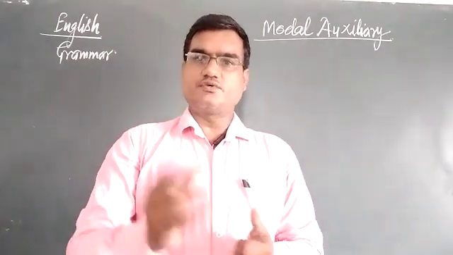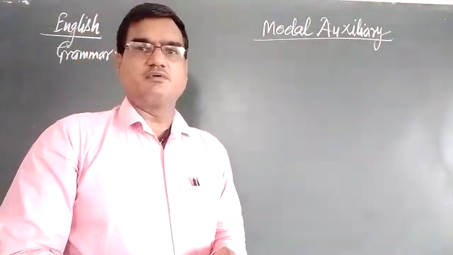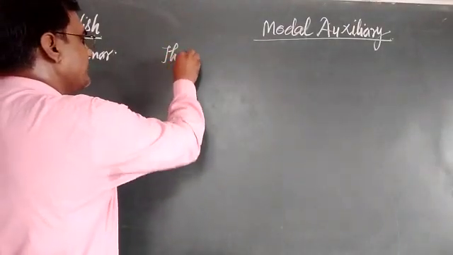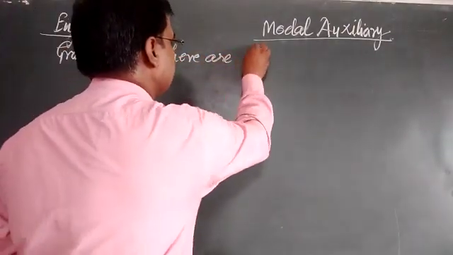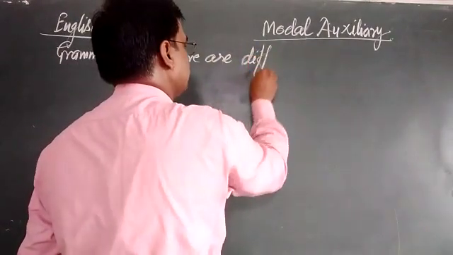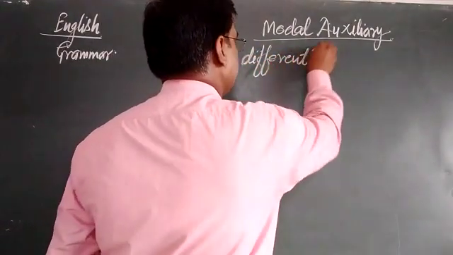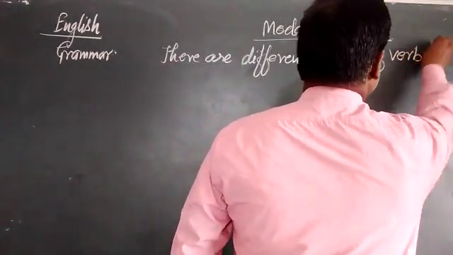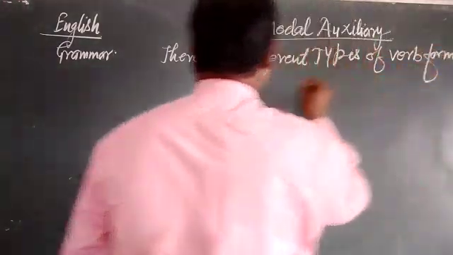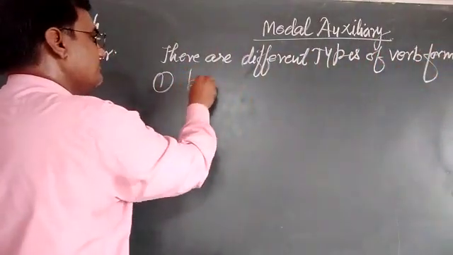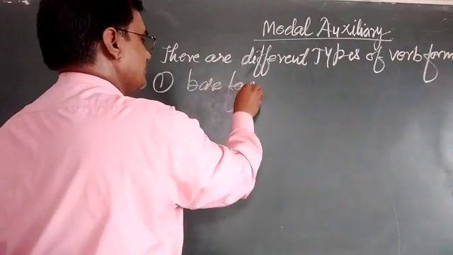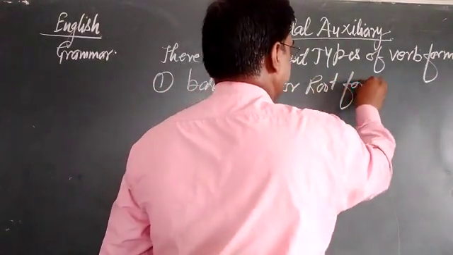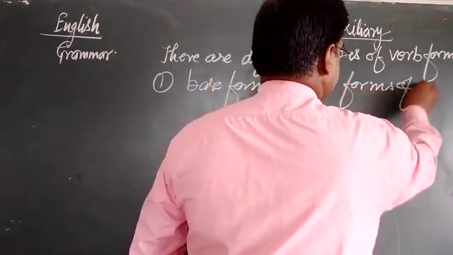So first, today I would like to clear the forms of the verb. There are different types of verb form. First is the base form, which is the root form of the verb.